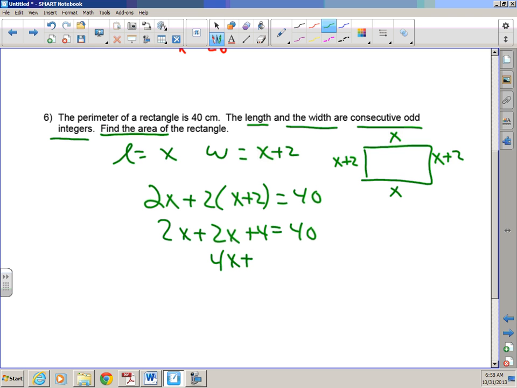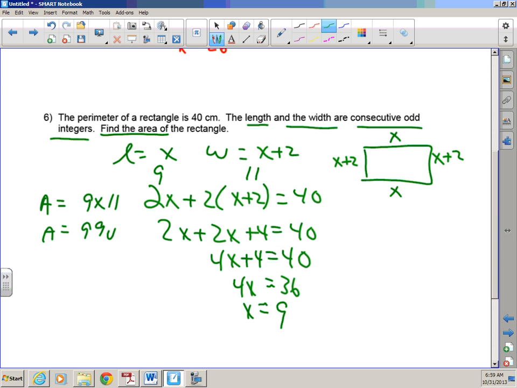So 4x plus 4 equals 40. 4x equals 36. X is 9. So the length is 9, the width is 11, and the area is 9 times 11, or 99 units squared, or in this instance, centimeters squared.